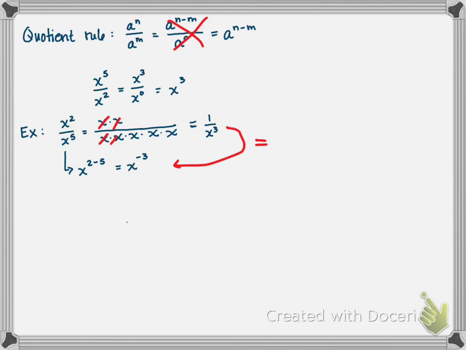So our negative exponent rule, the way it's usually stated, is a little bit misleading.